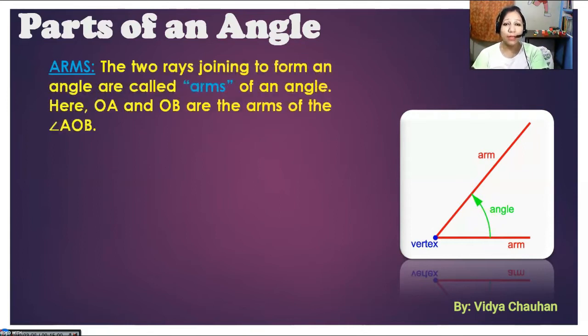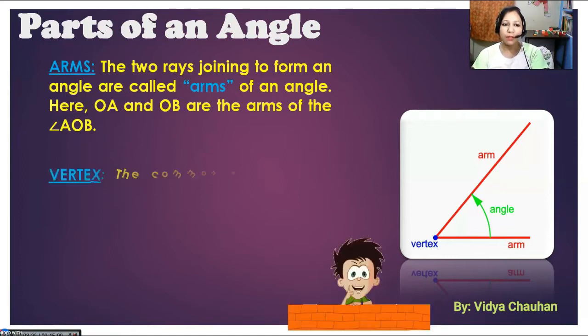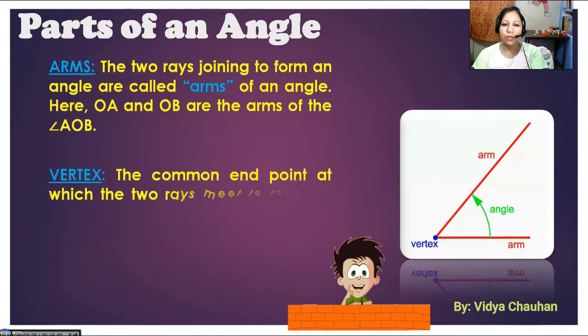Now let us see what arms are. The two rays joining to form an angle are called arms of an angle. Here OA and OB are the arms of angle AOB, as we have seen in the image of angle AOB. Next is our vertex. What is a vertex?